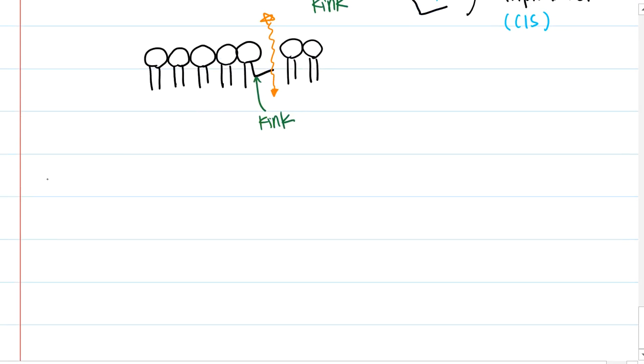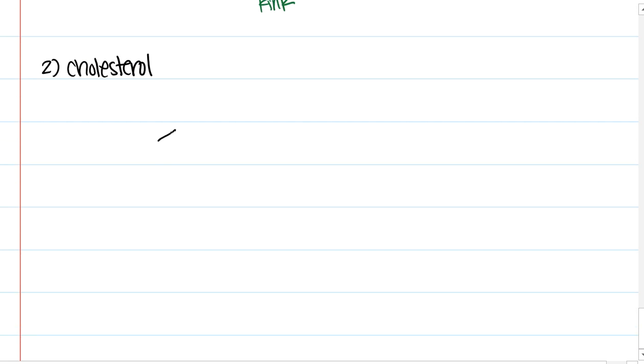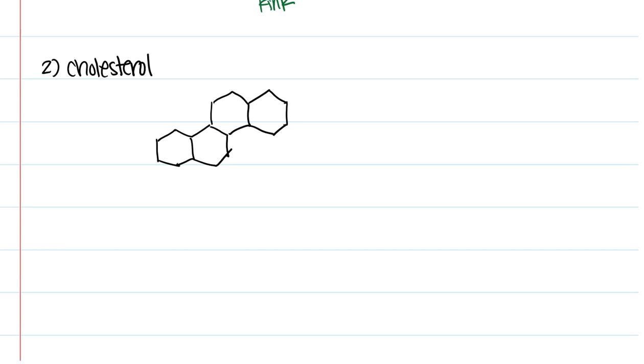So now let's quickly talk about the second type. The first type was phospholipid, and the second type is cholesterol. Cholesterol is basically a hexagon-looking molecule. This is the root molecule, and it's got some extra molecules sticking out.